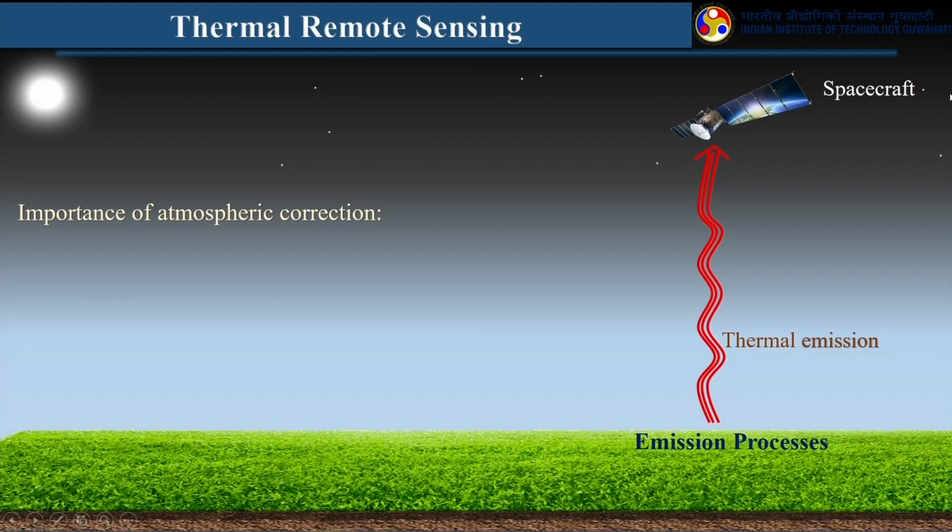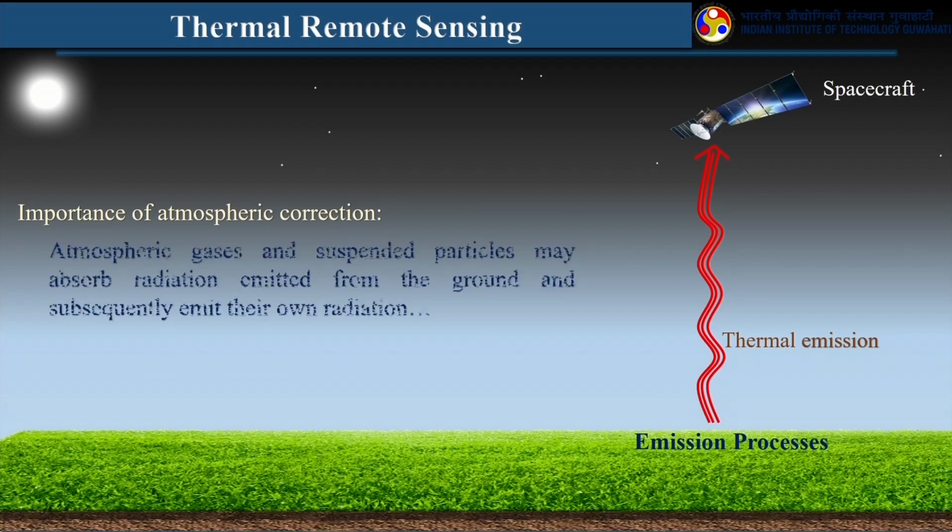Now let us understand the importance of atmospheric correction in thermal remote sensing, because here you have scattering and absorption, and once you have absorption you will have emittance. That is very clear from previous slides. Now what exactly happens here?